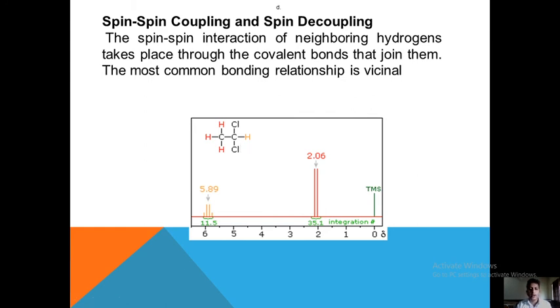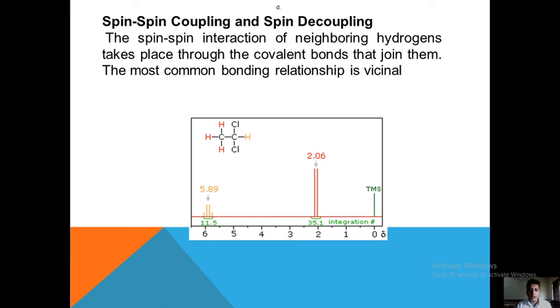When a set of nuclei is irradiated with strong RF energy at its characteristic Larmor frequency, spin saturation and rapid interconversion of the spin states occur. Neighboring nuclei with a different Larmor frequency are no longer influenced by specific long-lived spin states, so the spin splitting of the neighbor vanishes.